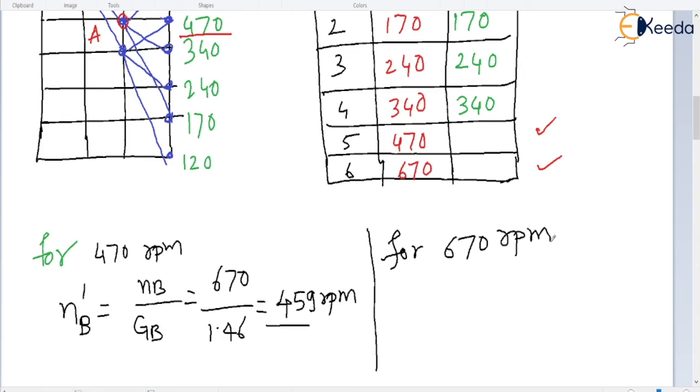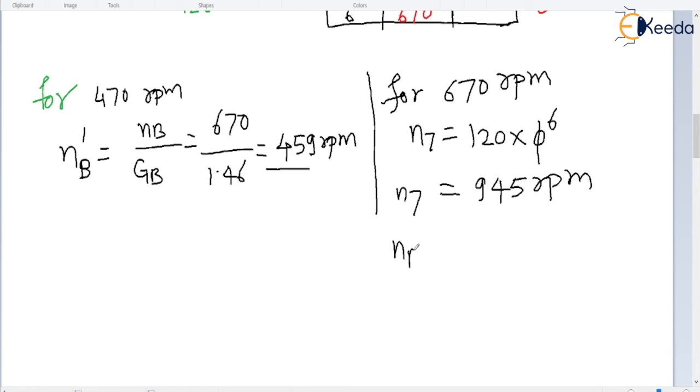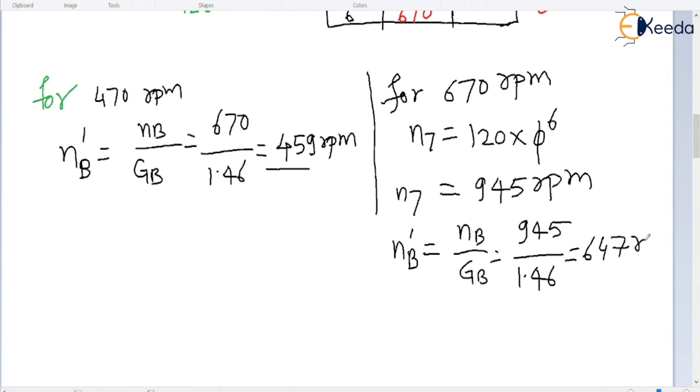We need the next speed, which we haven't calculated yet, so first we calculate N7. The formula for N7 is 120 into 5 raised to the power 6, which is equal to 945 rpm. For 945 rpm we calculate N dash B, which is equal to NB upon GB, that is 945 divided by 1.46, which is equal to 647 rpm.